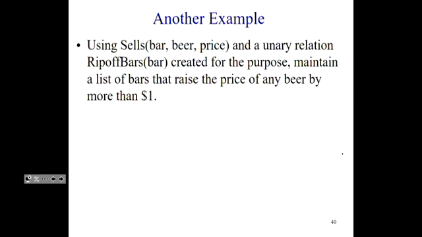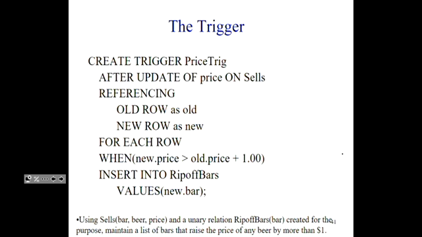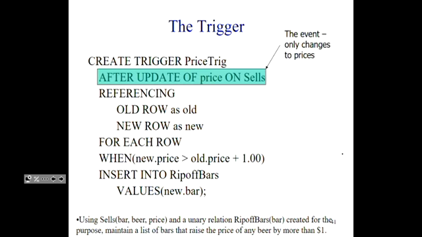So once again, let's look at the final trigger and then we'll unpack it. So the final trigger looks like this. The event here is after update of price on sells, right? So I've gone and made an update of price. That's the one that I'm interested in.